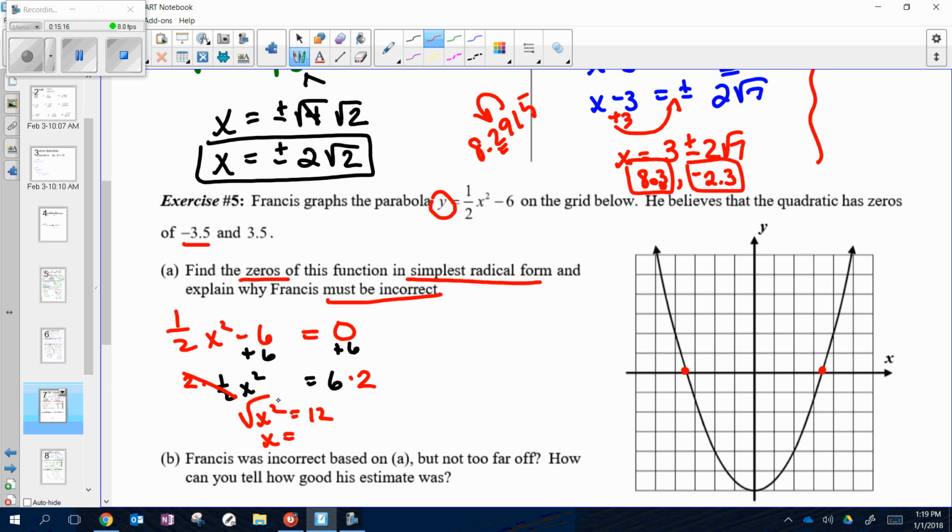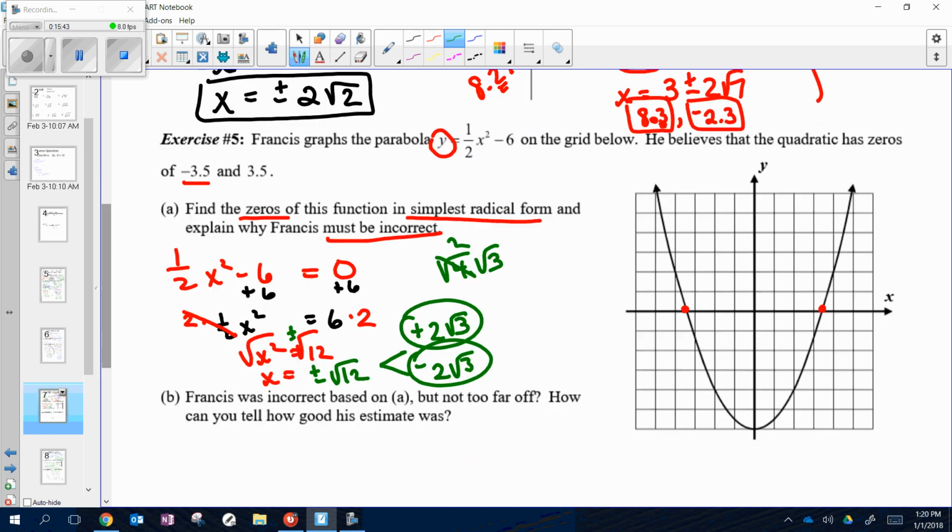When I take a square root and put a plus or minus, I'll have positive and negative the square root of 12. Since it said simplest radical form, you're going to have positive 2 rad 3 and negative 2 rad 3. If you didn't catch that, 12 is 4 times 3, and there's the 2. So positive and negative 2 rad 3.